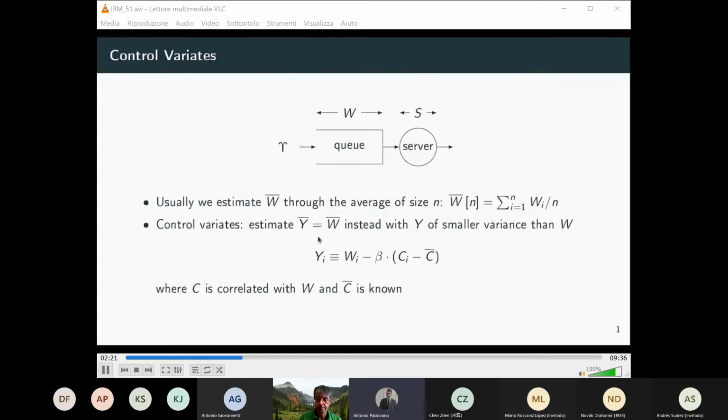This way we average Y instead of W, and we have a smaller variance.